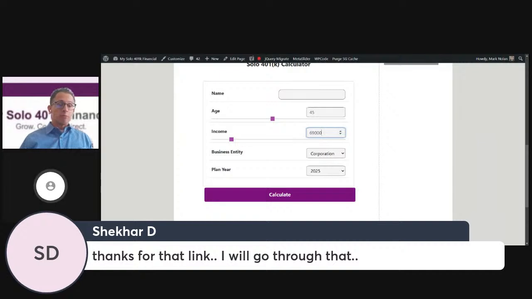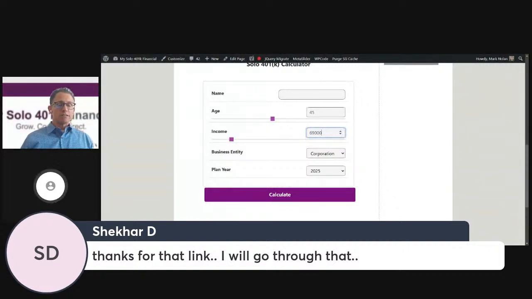So if someone has not opened the solo 401k yet for 2024, and they had enough W-2 wages for tax year 2024 from their S-corporation, they can open a solo 401k now by March 15, and then you can do the voluntary after-tax solo 401k contribution by March 15, or you can file for an extension and do it by September 15 of 2025.